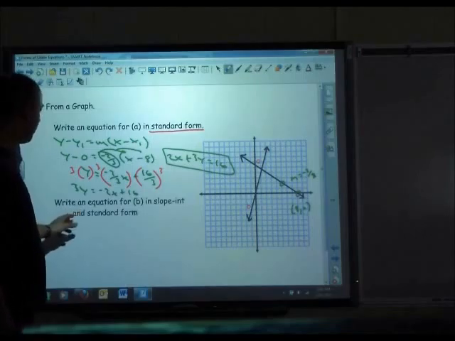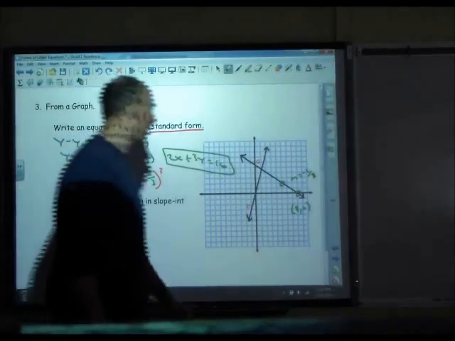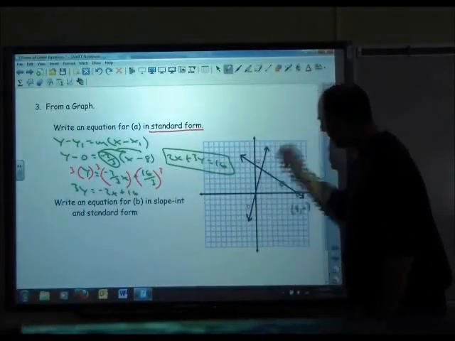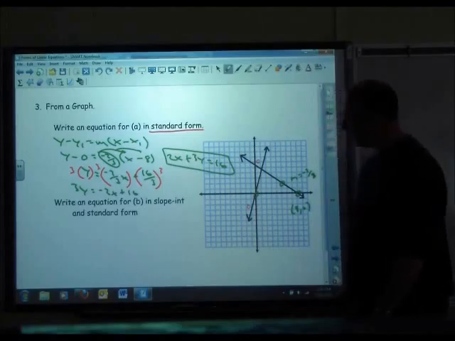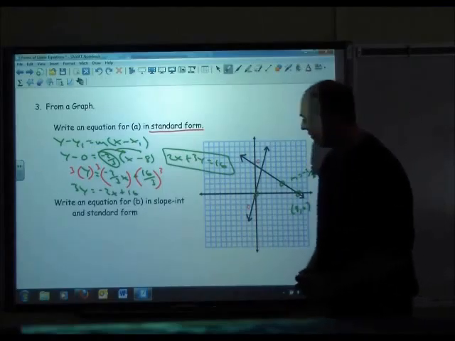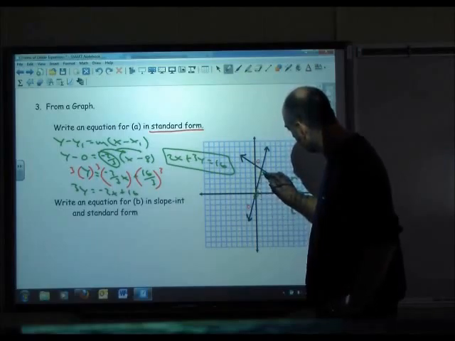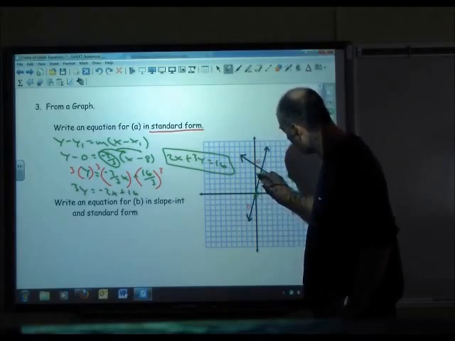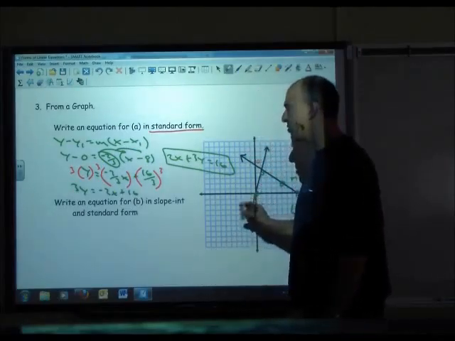Alright, now the second part here, write an equation for B in slope-intercept form and standard form. Well, line B should be a little bit easier. I'm seeing the y-intercept, and it looks like it goes right through the origin. And the slope, I think I'm also seeing, if I go corner point to corner point, rise 4, run 1. So the slope is 4, the y-intercept is 0.